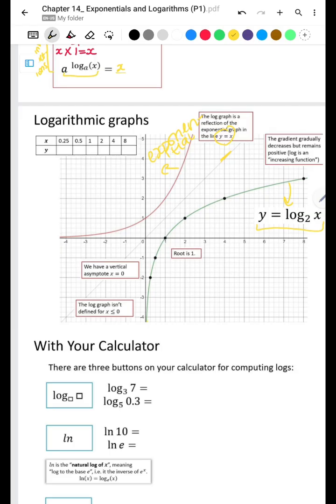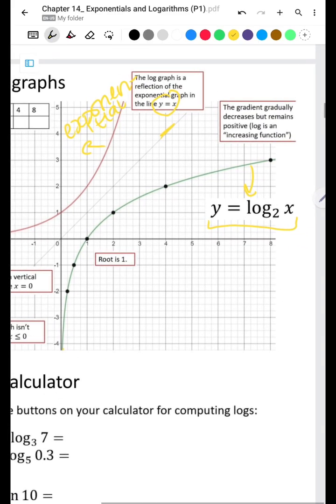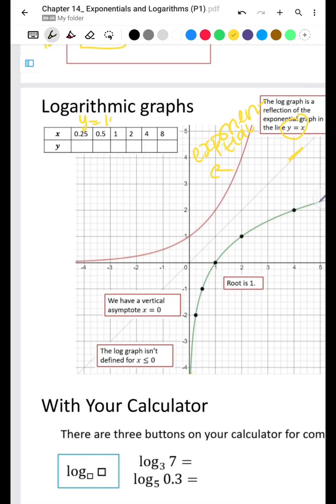Now, to draw this green graph, we use this table here, and y is equal to log base 2 of x. So this is the graph of y equals log base 2 of x. Now, I can fill out these y values by working out log base 2 of 0.25, which is the same as log base 2 of 1 over 4.